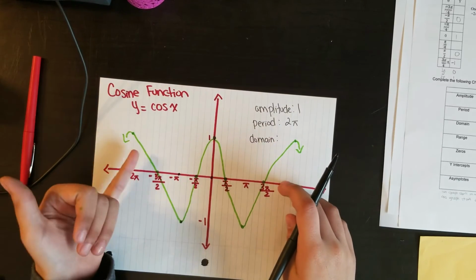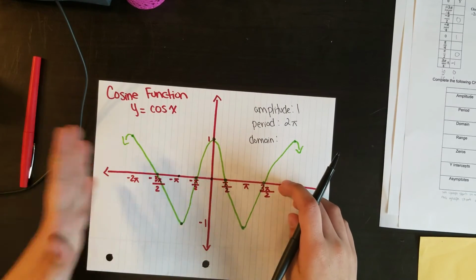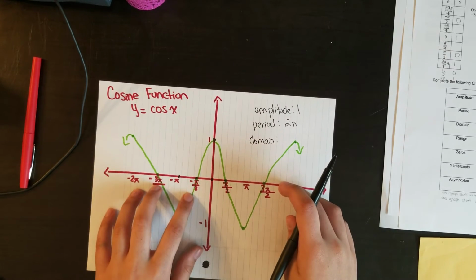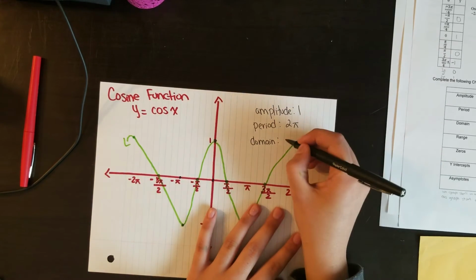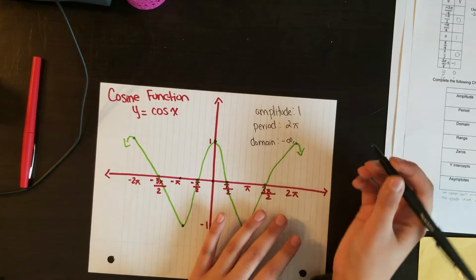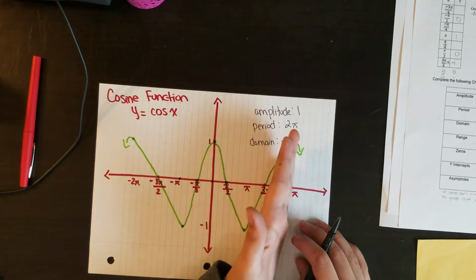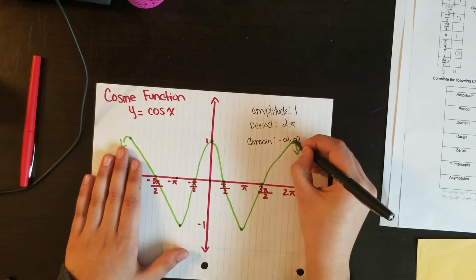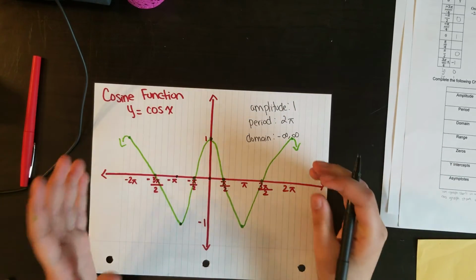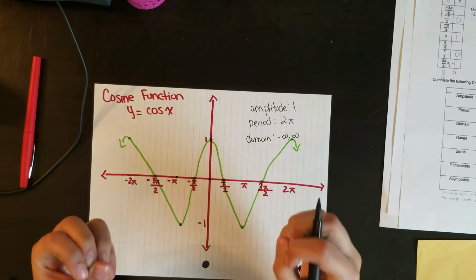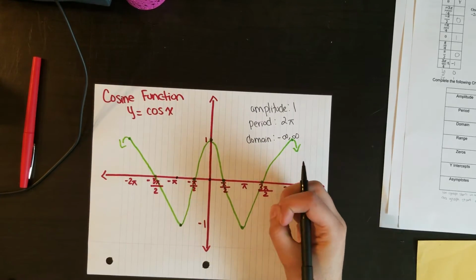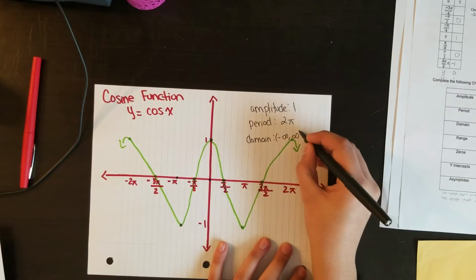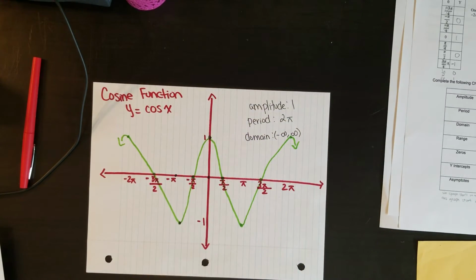Here, my graph is going on to infinity in the negative side, so it's negative infinity. And in here, it's going on to infinity in the positive direction, so it's positive infinity. And infinity isn't a specific point on my graph, so it's not inclusive in my domain. It's exclusive. So that's why I'm going to use the round brackets.